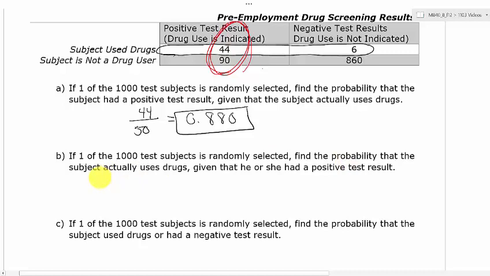So we want the probability that the subject actually uses drugs. So that's the first number, 44 again, out of our total this time, 44 plus 90. So that's 44 divided by 134. And computing that on your calculator, you should get 0.328.